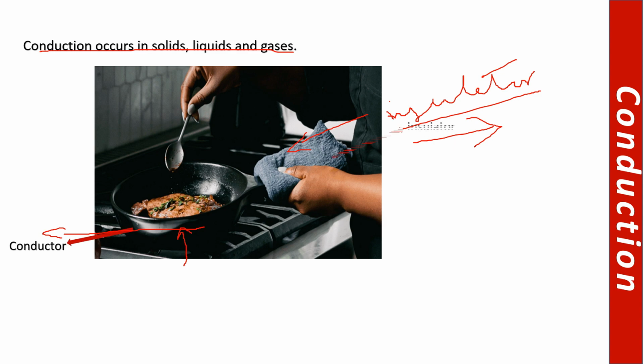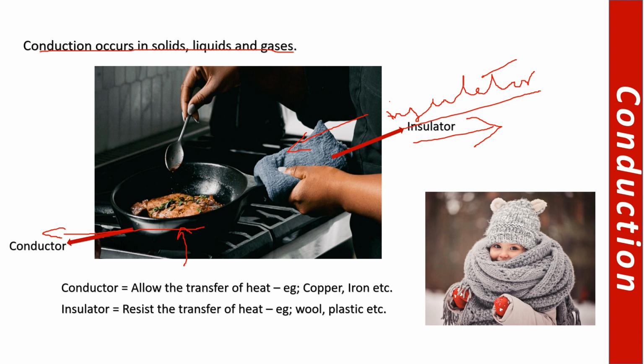So here we come to different materials, which are conductors and insulators. A conductor allows the transfer of heat while an insulator resists the transfer of heat. Examples are copper and iron, and wool and plastic, respectively. As you can see, in winter we use woolen clothes. Why?